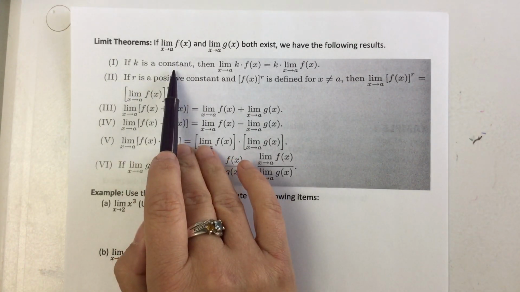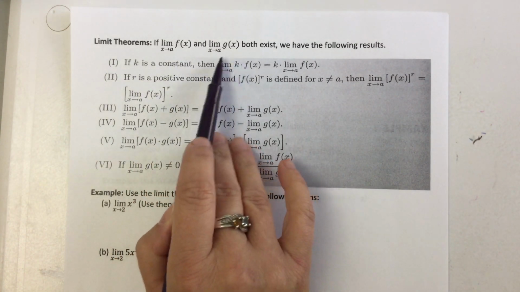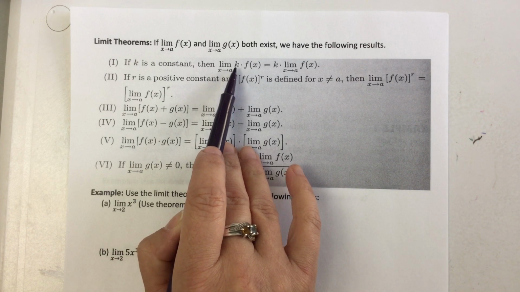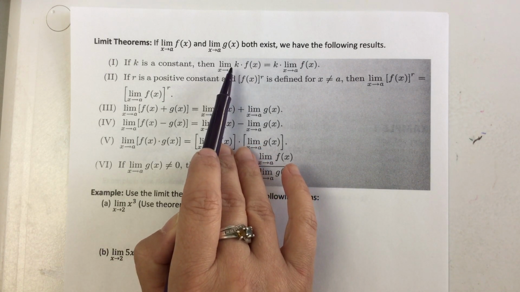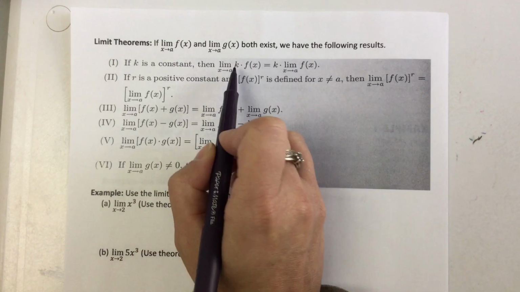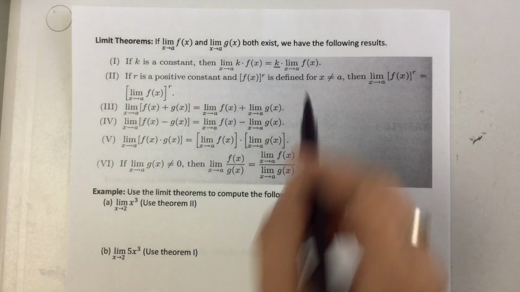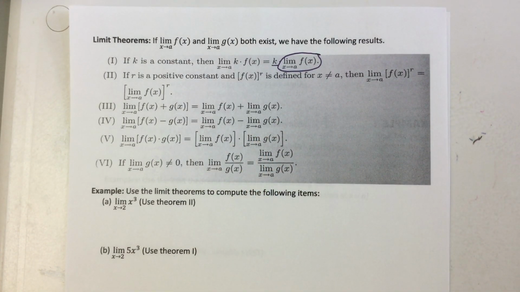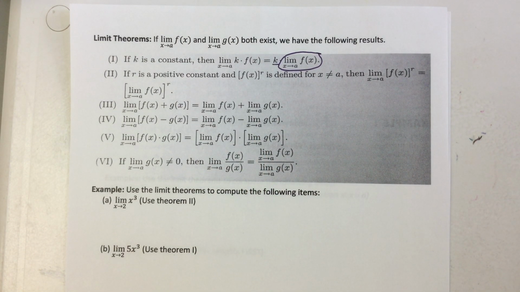If k is a constant, if you are trying to find a limit and you have a constant, remember a constant is a number, so it can be something like 5 times x squared or 8 times x cubed. What you're allowed to do is take that constant out front, calculate the limit of the function, and then multiply by that constant. You are allowed to do that.